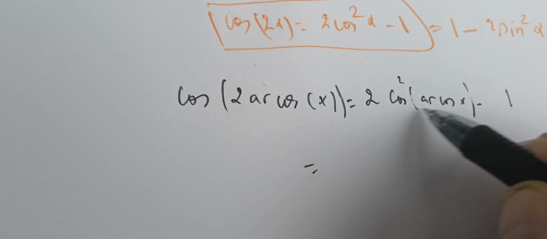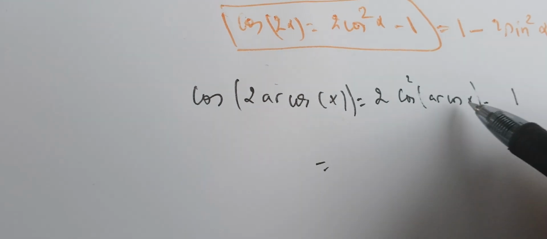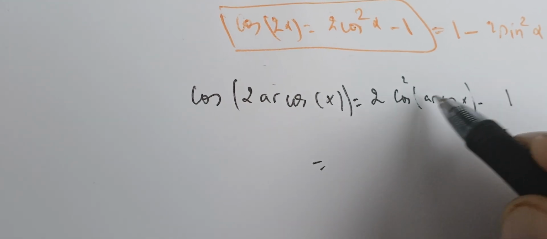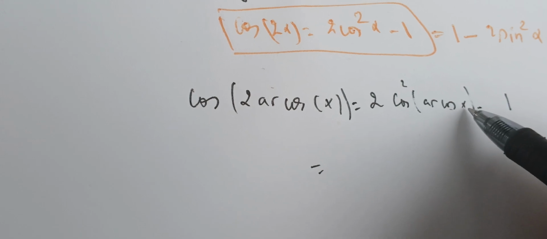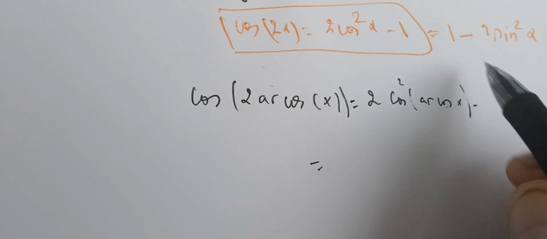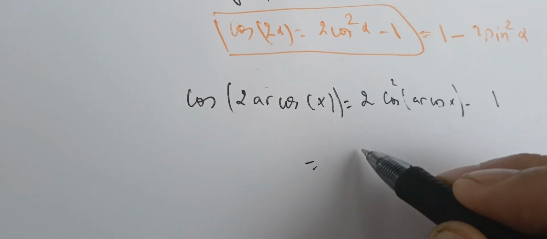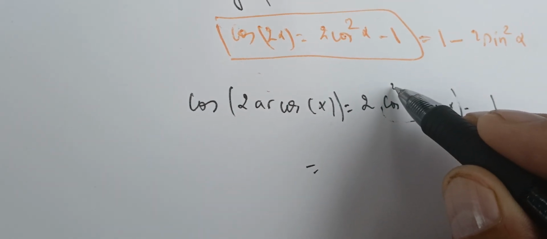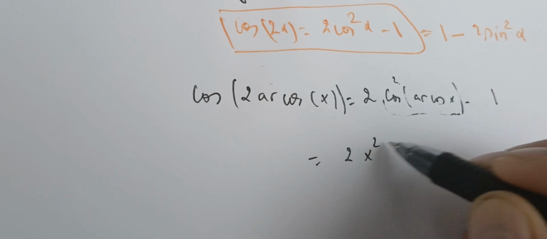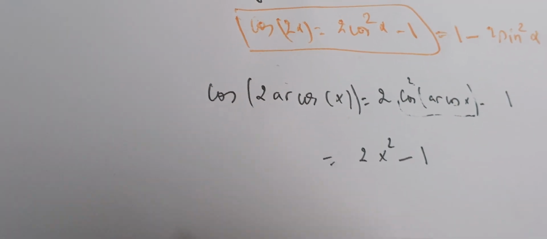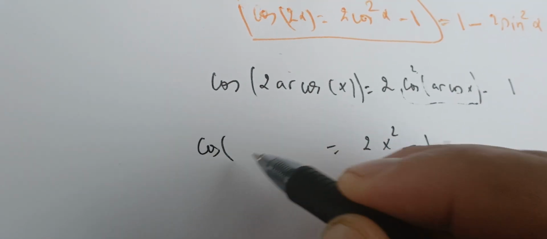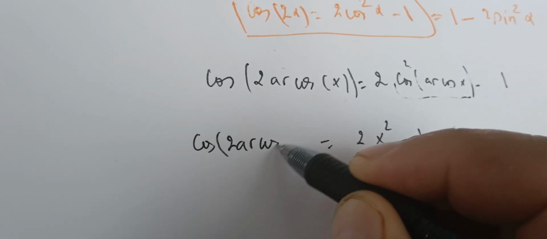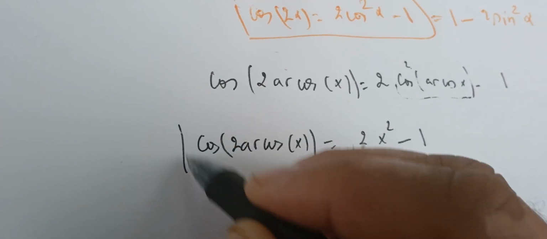But we know that, given that we are in the domain [-1, 1], and the cosine and the arc cosine are inverses of each other on this interval, this value here is just x. With this square, it's 2x squared minus 1. Therefore, we simplified the expression that we need.